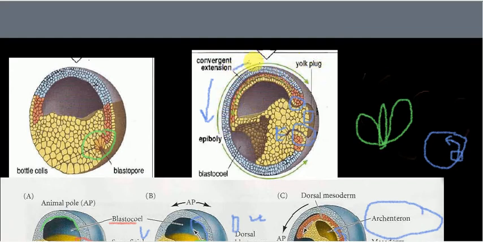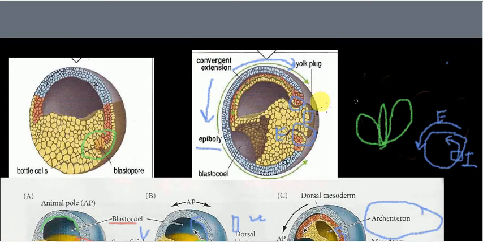Actually, they are migrating in this direction and also these directions, just to enclose the entire embryo, and this process is called epiboly. So one group of cells is moving like this, another group of cells is moving like this. So this is called epiboly, and this is called involution.